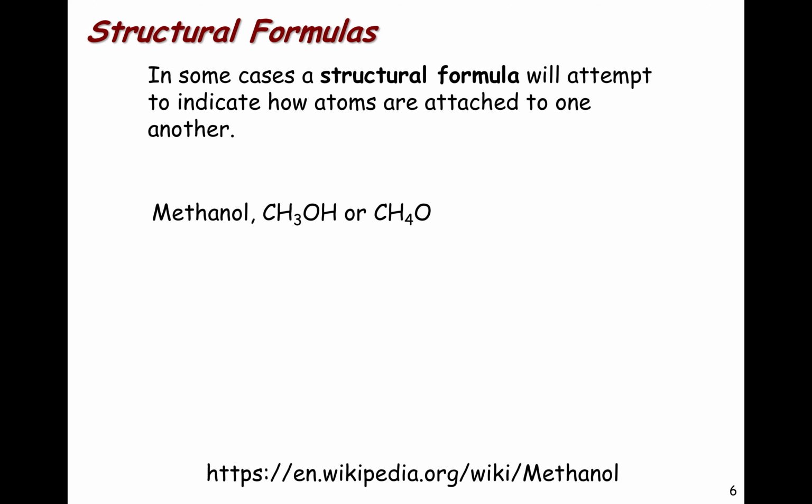In addition to this carbon, we will learn that carbon always has 4 things or 4 bonds attached to it. So carbon is also attached to the oxygen, and the oxygen also then has a hydrogen attached to it. So we can also write the formula of this compound as CH4O, but this doesn't really tell us much about how the atoms are attached, and you might even think that all 4 hydrogens are attached to carbon, and that doesn't really make very much sense in terms of having the oxygen and how that might be attached.